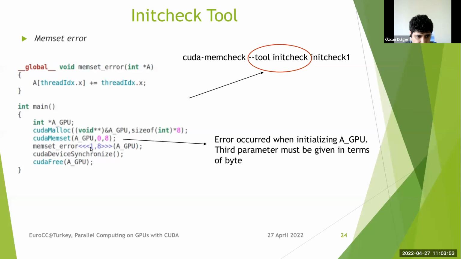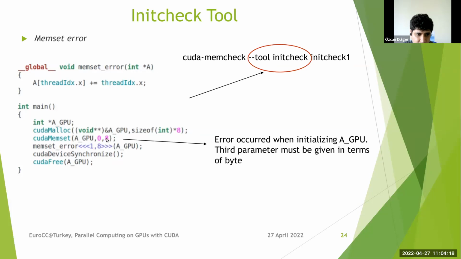Then we call our kernel by creating 8 threads, one block, 8 threads, and each thread performs this operation. Then we call CUDA device synchronize, then CUDA free, but we get an uninitialized memory access error.